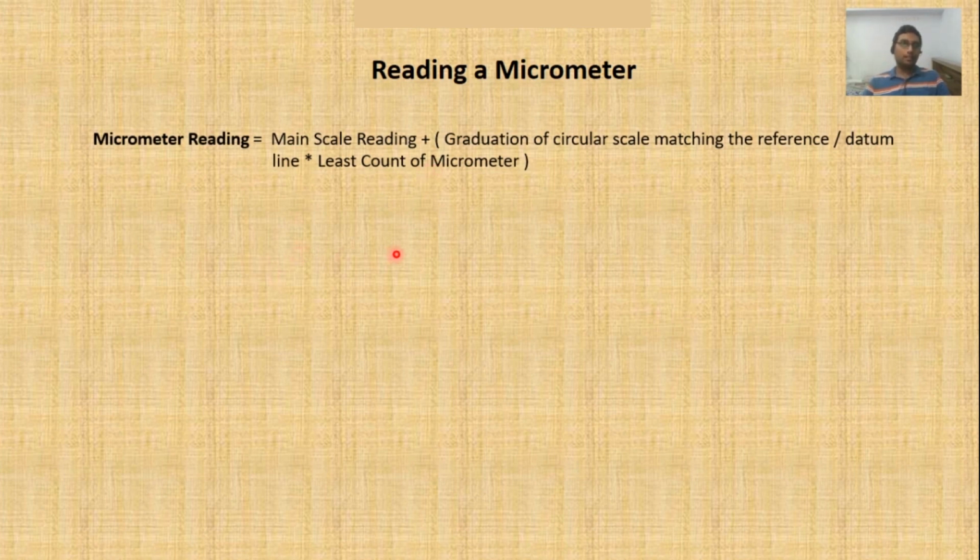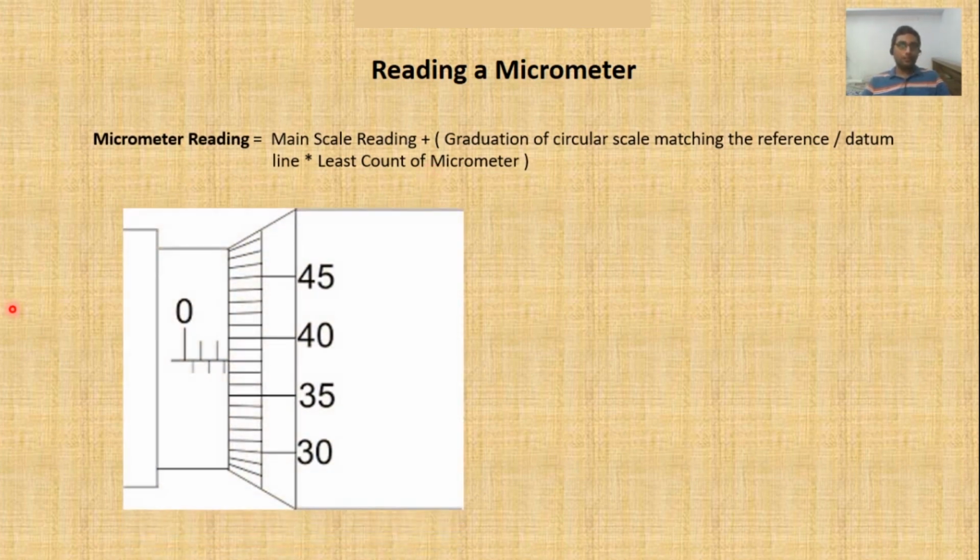So let's see this by an example. This is a micrometer. This is the main scale or the sleeve scale. This is the thimble scale or the circular scale. Now as we have discussed, this is the 0 mm, 1 mm line, 2 mm line, and these lines are of 0.5, that is 0.5, 1, 1.5, 2, 2.5. Now as per this, our main scale reading or sleeve scale reading will be 2.5.